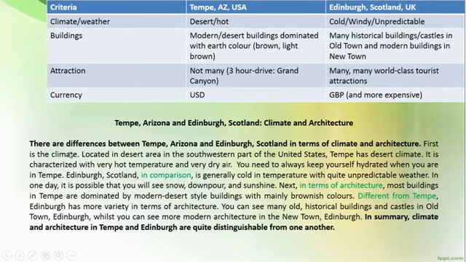First is the climate. Located in the desert area in the southwestern part of the United States, Tempe has a desert climate. It's characterized by very hot temperatures and very dry air.